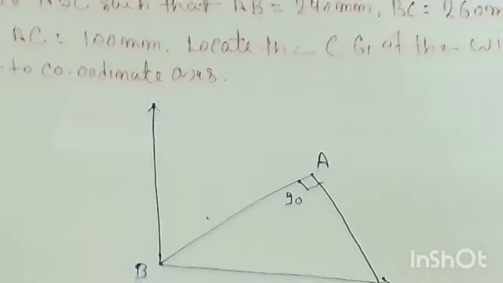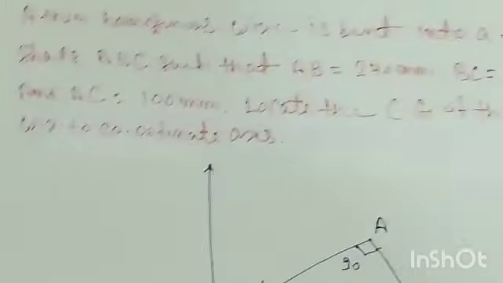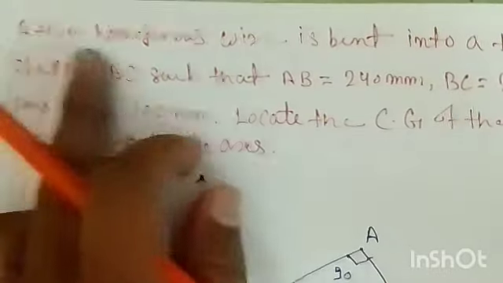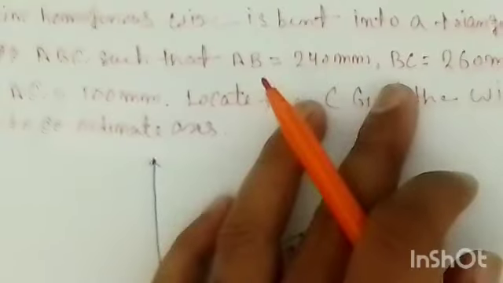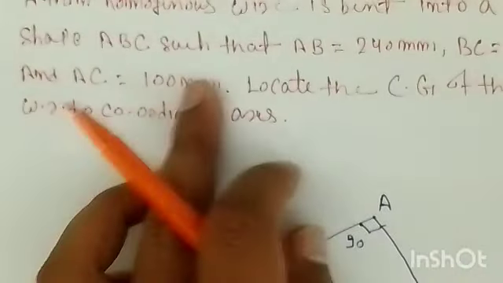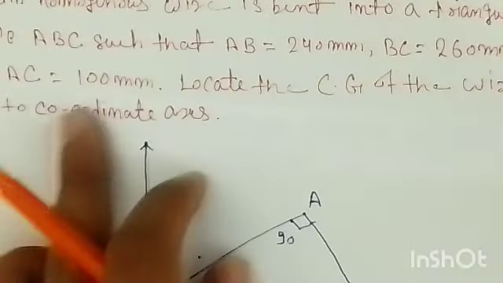Okay, so the question is on the screen. Let's say a thin homogeneous wire is bent into a triangular shape ABC, such that AB is 240 mm, BC is 260 mm, and AC is 100 mm.